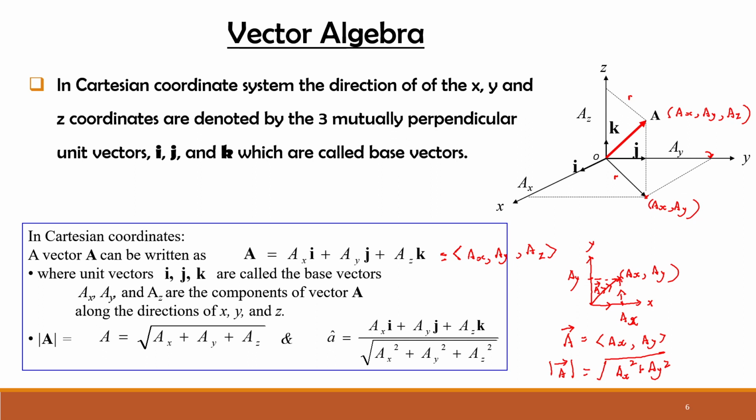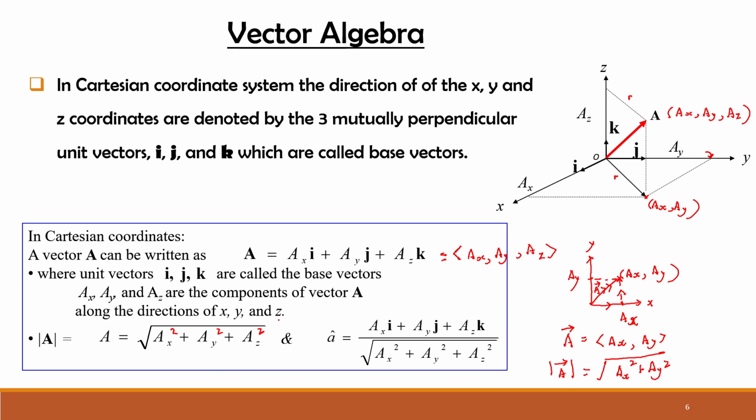This is for 2D. If we extend to 3D, the magnitude of vector A will be, oh, I think the slide has a typo, the square root of ax squared plus ay squared plus az squared. If you printed the slide, you may make the correction.